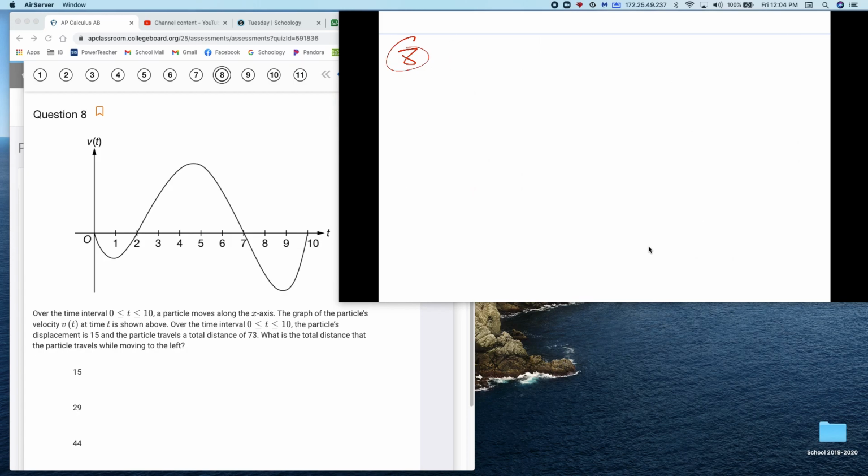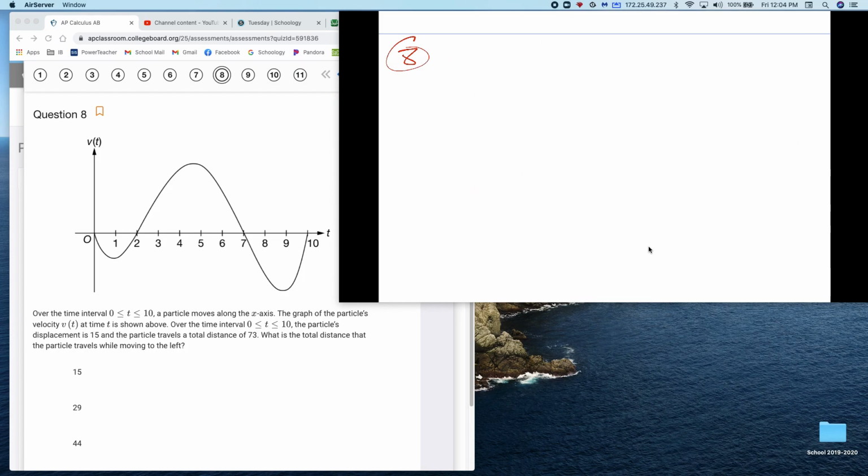There are a couple of different ways, and you might have just subtracted them and divided by 2 and gotten the right answer. But here's the way I would set it up.